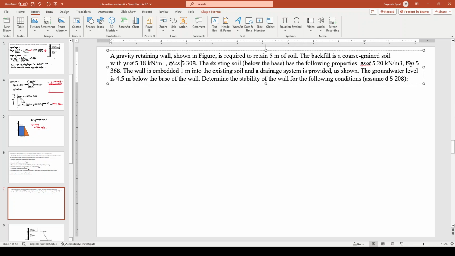Gamma saturated, 30.8 degrees. Okay. And existing soil below the base has these properties.